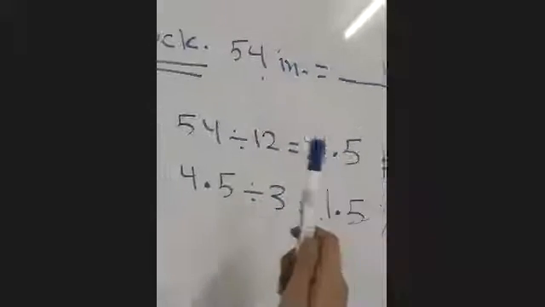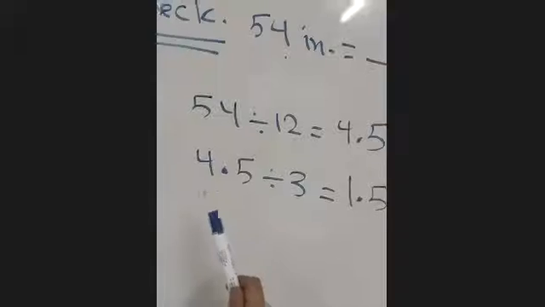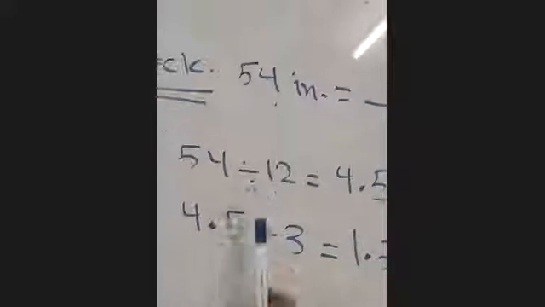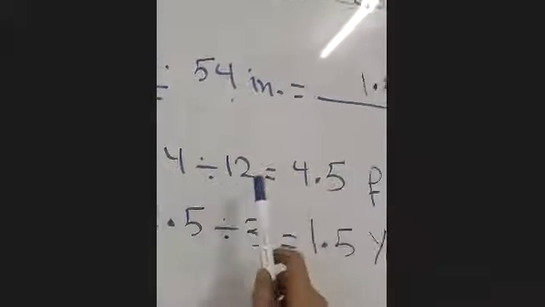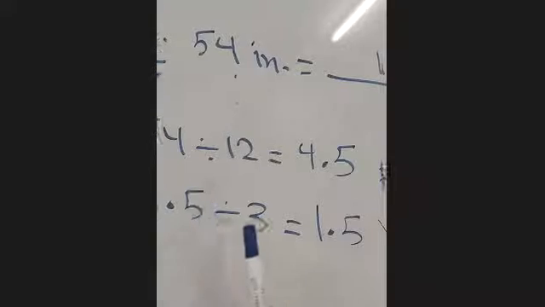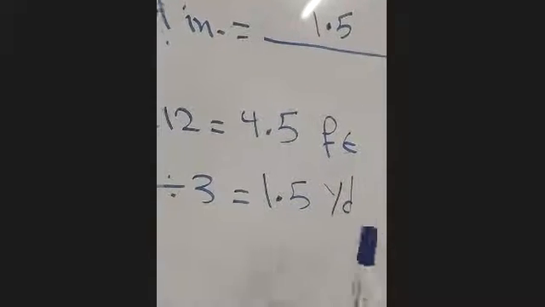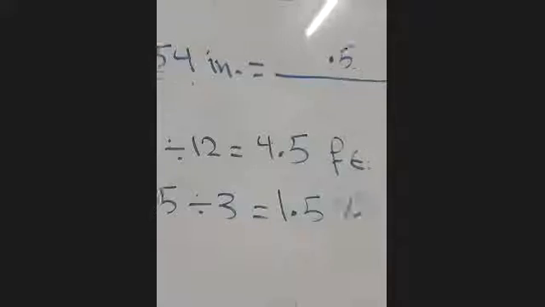Now I turn the feet to yards by dividing by what you said? 3. I divided by 3. I make two divisions. First, I divided by 12 to make them feet. Then I divide by 3 to make them what? Yards. This is my answer here. Got it? Yes. Goodbye. Thank you.